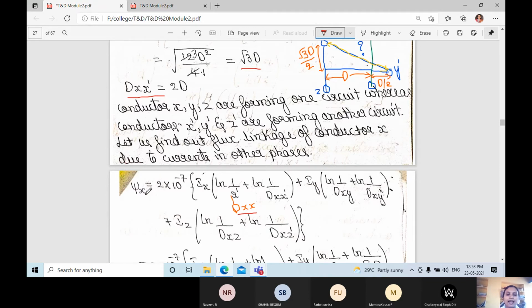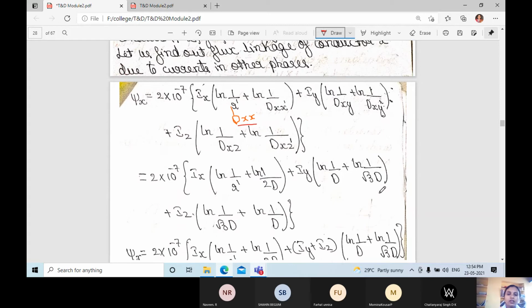Here psi x is equal to 2 into 10 to the power of minus 7. First conductor, that is ix, the current of conductor x is ix ln 1 by r dash plus ln 1 by dxx dash, plus iy ln 1 divided by dxy plus ln 1 divided by dxy dash, plus ln 1 divided by dxz plus ln 1 divided by dxz dash.